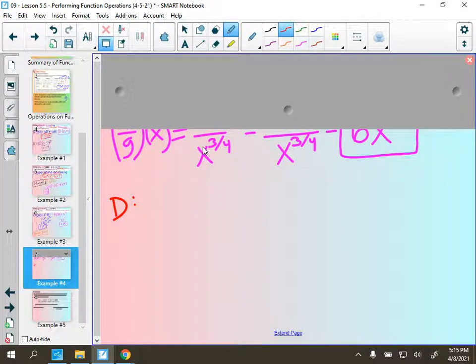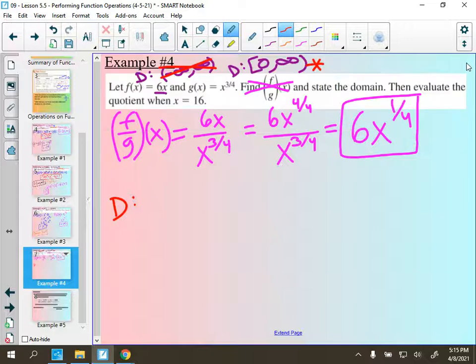We don't want a 0 downstairs. So I run through and say, well, let's see, 0 to the 4th power, to the 3/4 power is 0. So that would create a 0 in the denominator. It would also create a 0 upstairs, but even 0 divided by 0 is still undefined. So long story short, 0 is no longer okay. 0 is not okay to plug in here.